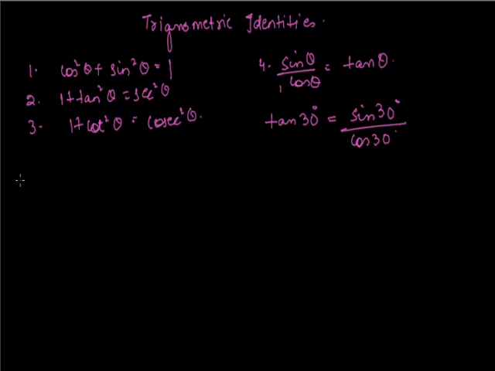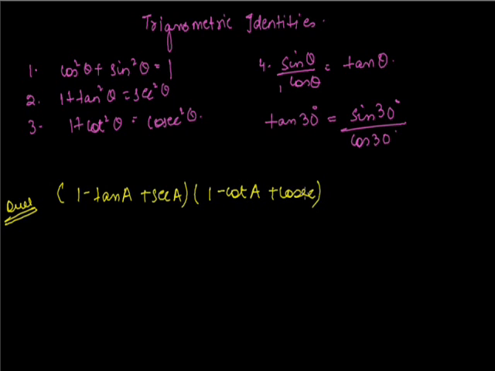Okay. Now we'll be moving on to the next question, which has appeared in last year's previous IGCSE exams: 1 minus tan A plus sec A upon 1 minus cot A plus cosec A. We have to calculate the value of this.